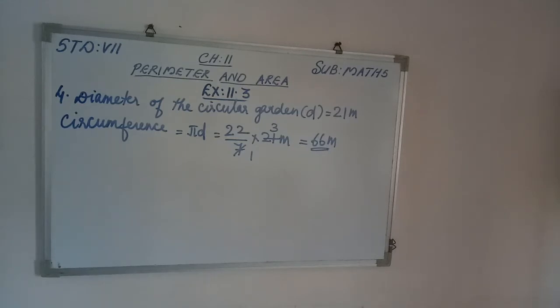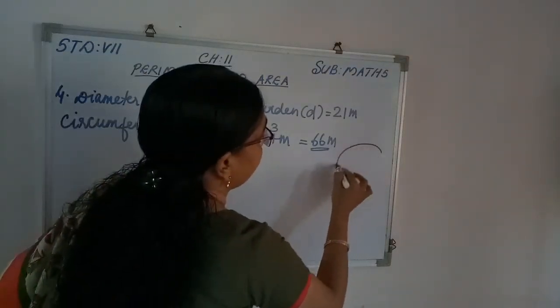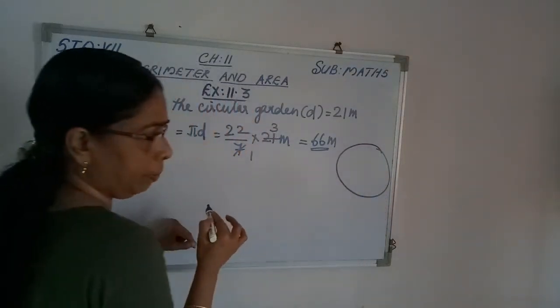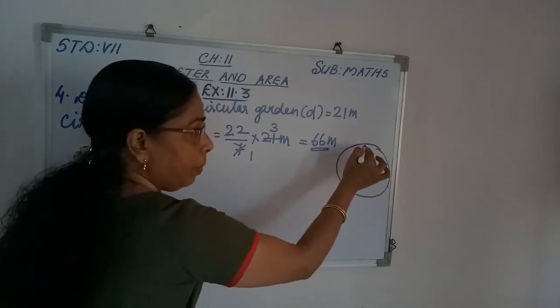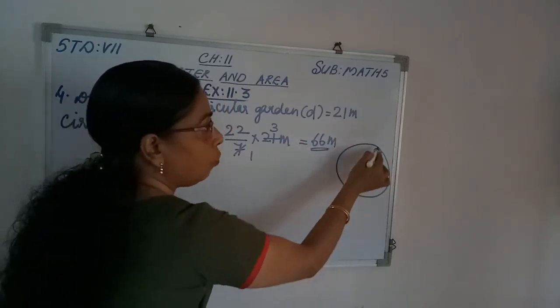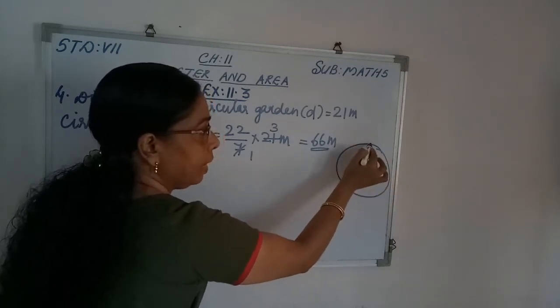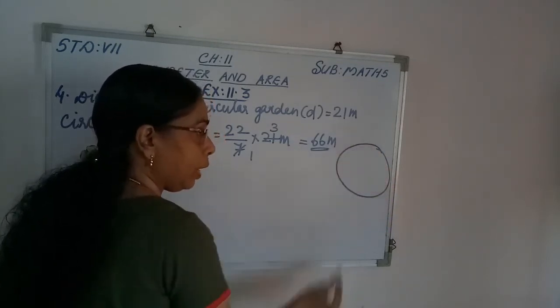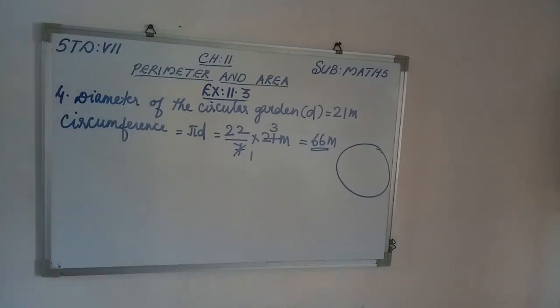Now, so see that circumference means if this is the circular garden, okay, the circumference means the total length, isn't it? So for one round of fencing, the length of the rope required will be equal to the circumference of the circular garden. Is that clear?